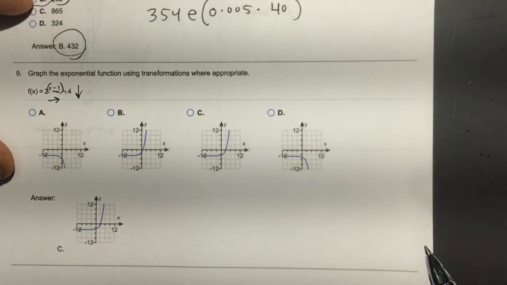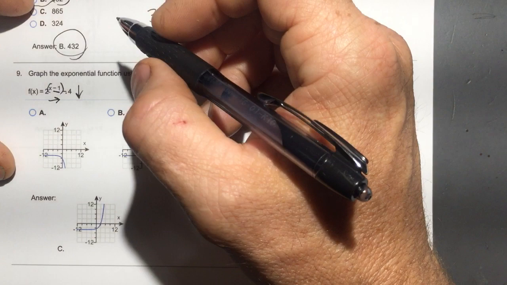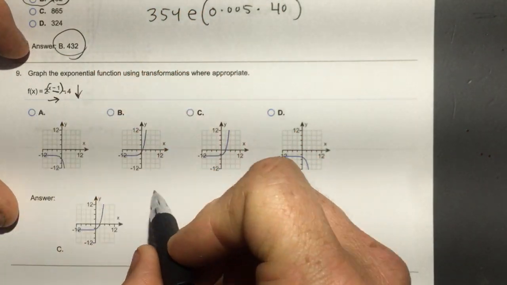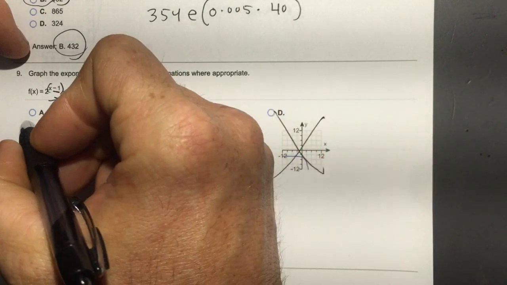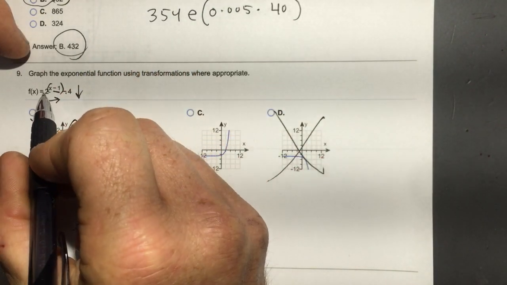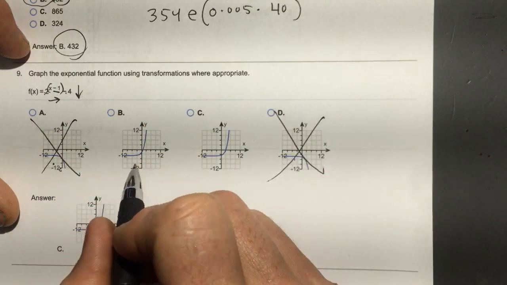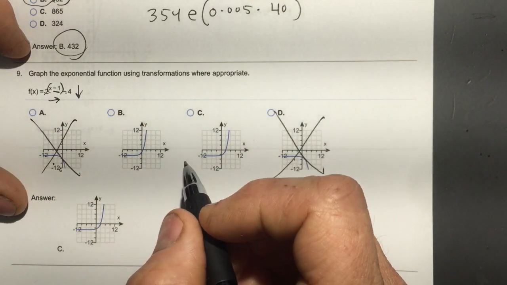All right, so what we're looking at is, now, it's not going to be these two right here because they're going down and there's no negative. See, if it had a negative out front, that would make it go down. So that's not. So it's one of these two here. Okay.